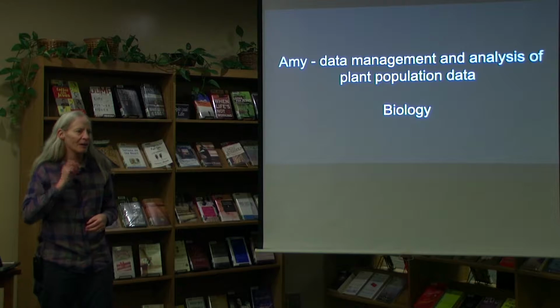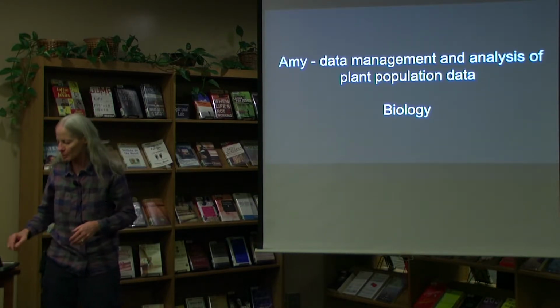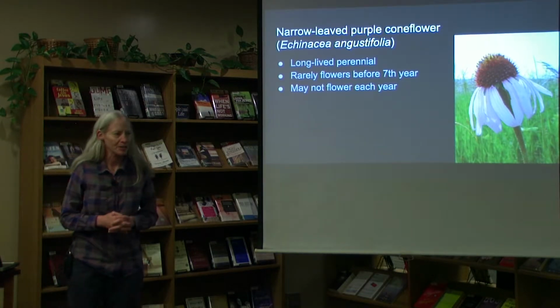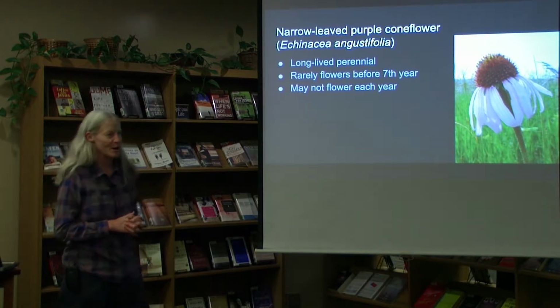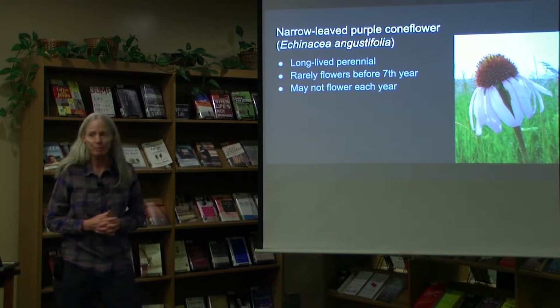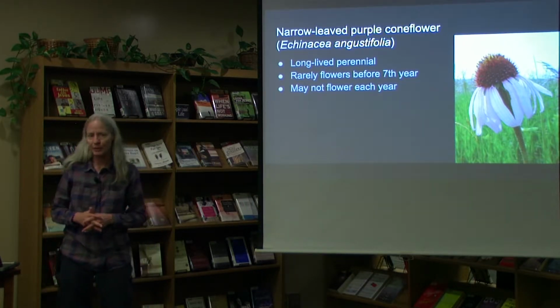So I'm just going to talk about how I personally used R in my research. I'll try to put it in context of what I actually study. I study a pretty little prairie plant called Echinacea angustifolia, or narrow-leaf purple coneflower, and it's a long-lived perennial.